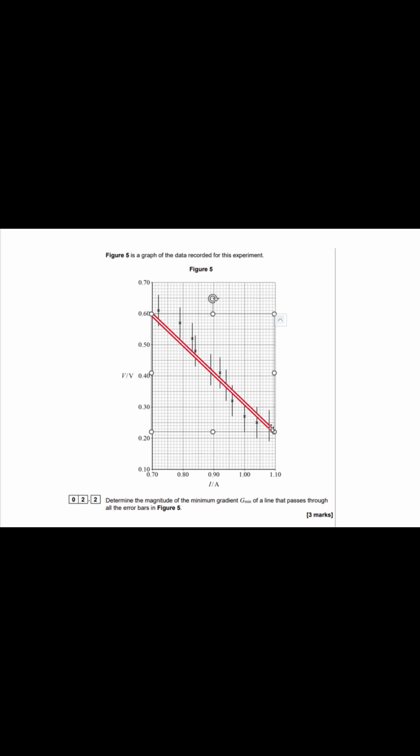So I'm just going to keep moving it. You've got to be as precise as possible, of course. It's hard to see this one. So that is okay here, and I'll probably try and get it a bit higher here. So that would be the shallowest thing I could probably draw and still go through everything.